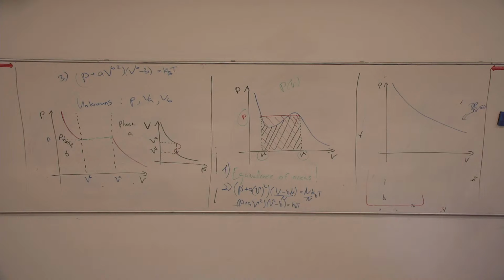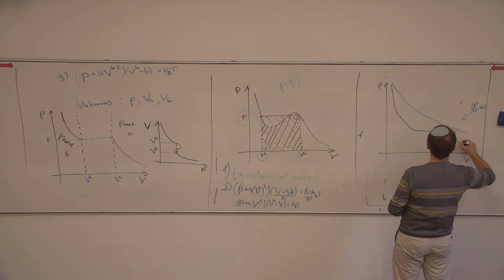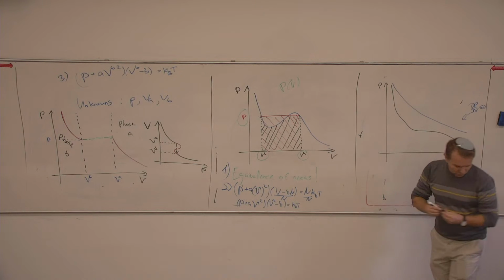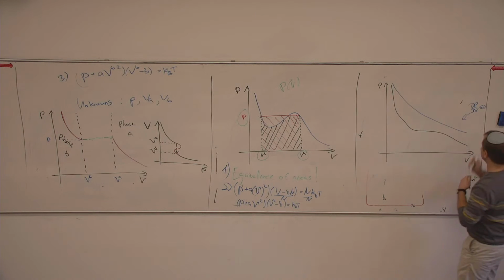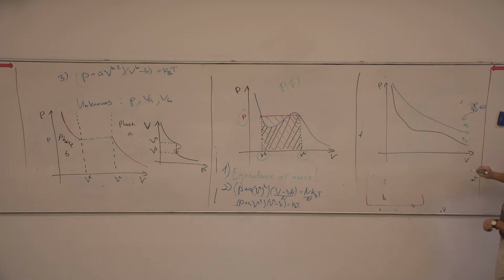It's only when we're getting below some specific temperature that this knee starts to develop. Okay? And at low enough temperatures, so this is T1, this is T2, and T1 is larger than T2, and I can also have T3, and T2 is larger than T3.